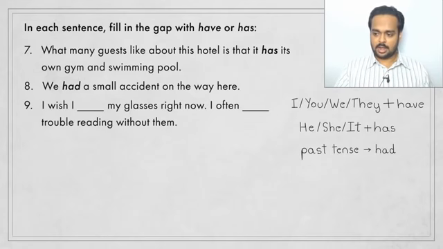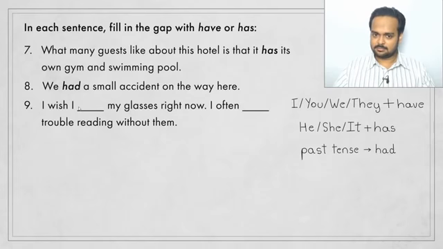Number 9, okay, this is a little tricky. I wish I ___ my glasses right now. I often ___ trouble reading without them. So there are 2 blanks. In the first blank, what we actually have is a construction with the verb wish. I wish, what do you think?